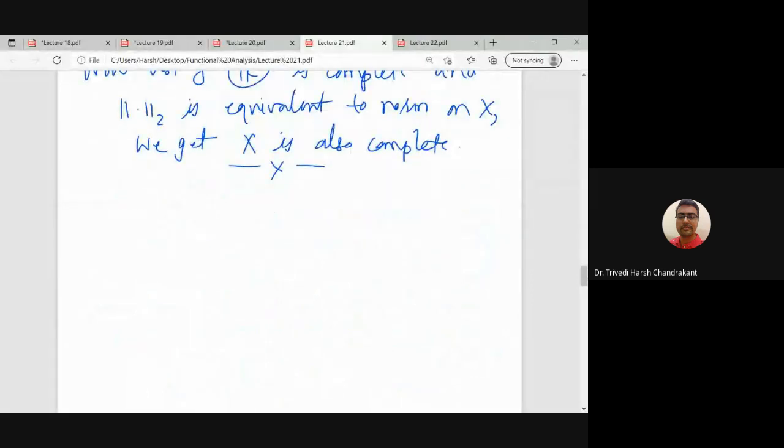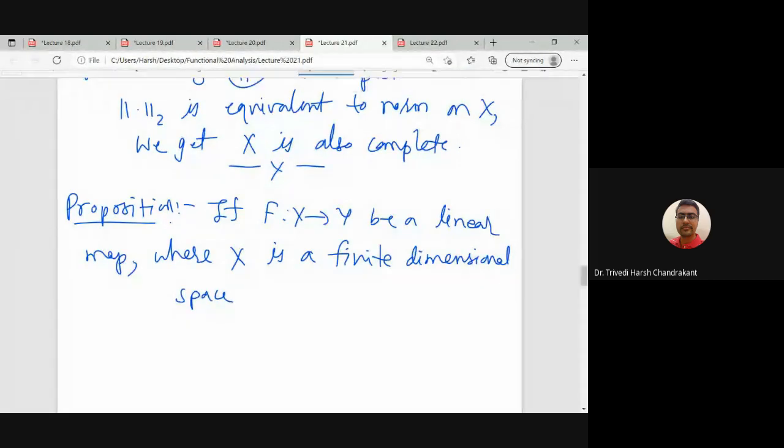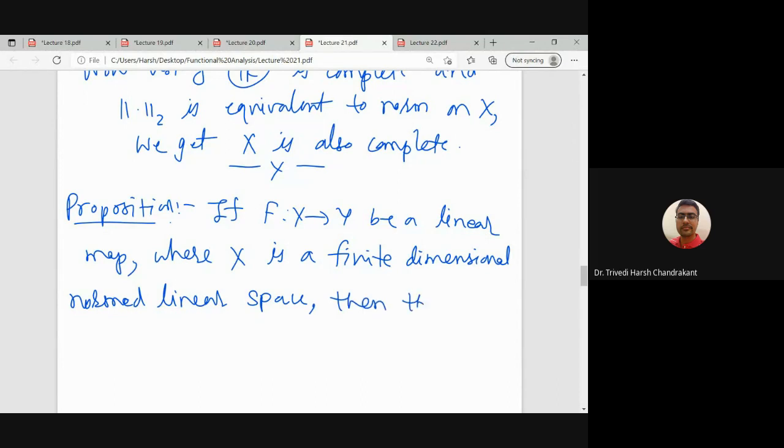So let us see one proposition. If f from X to Y is a linear map, where X is a finite dimensional normed linear space, then the following statements are equivalent.